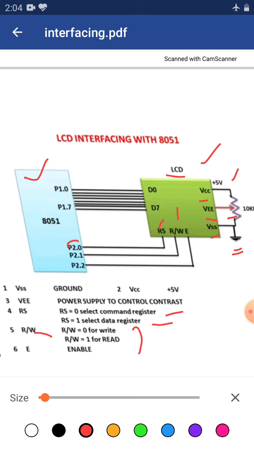By selecting read write 0, it will write data, that means data will come from the 8051 to the LCD, and by selecting read write 1, it will read data from the LCD, that means the LCD will give data to the 8051. Finally, pin number 6 is the enable pin, which is for enabling this LCD device. So these are all the pins related to the LCD.